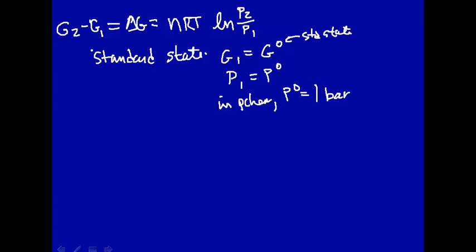What does this mean? This means we're going to measure free energies relative to some standard state. So we're always going to have a reference for a standard state. Okay, so let's just rewrite that in the new notation. Delta G, measured from some standard state, is equal to, well, let's just be more explicit.